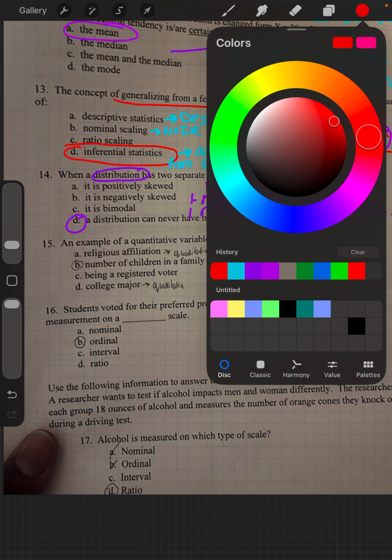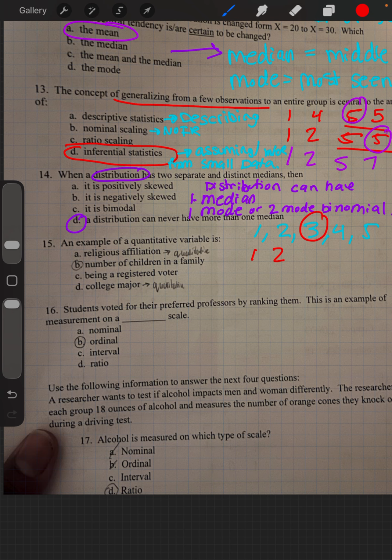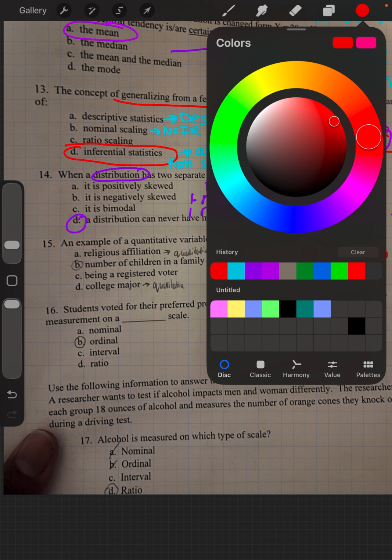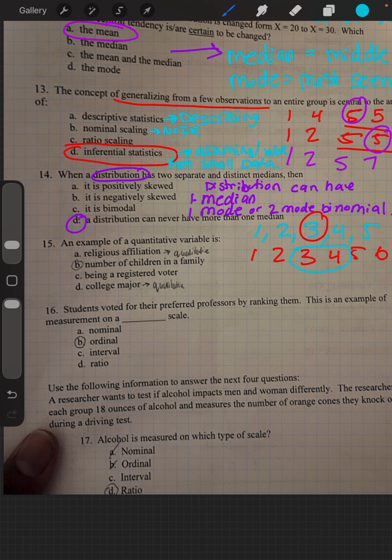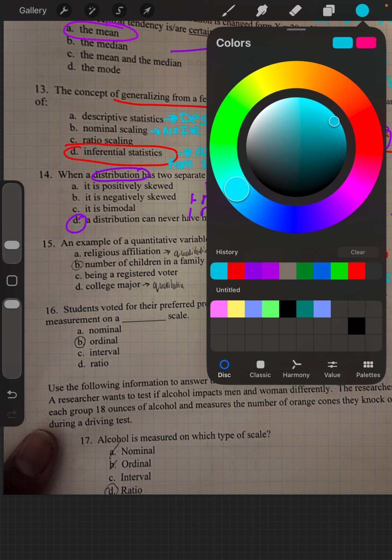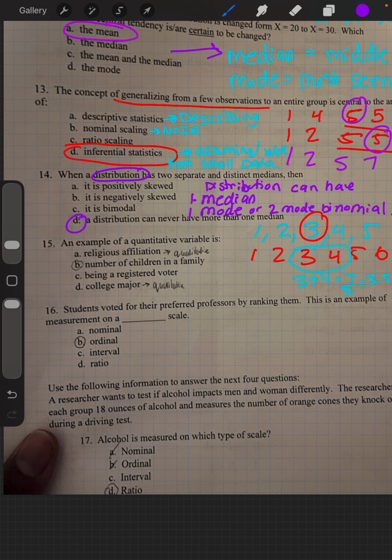And if it's an even number, like 1, 2, 3, 4, 5, 6, you add up these two, so 3 plus 4 equals 7, you divide by 2, and then your median is going to be 3.5. So you can only have one median. It's not possible to have two medians. Unless you can, I don't know. But normally it's not.